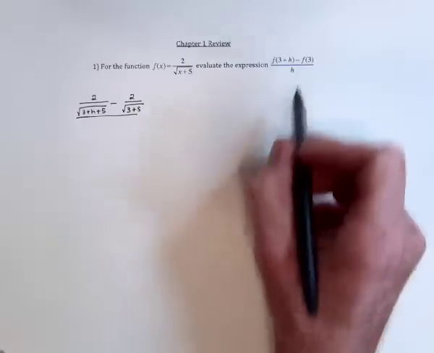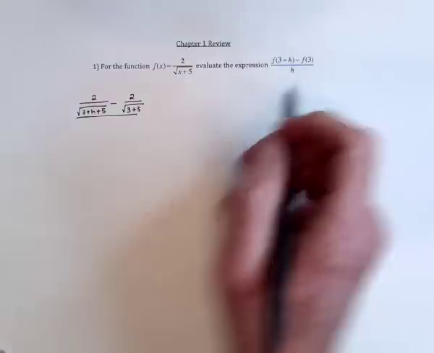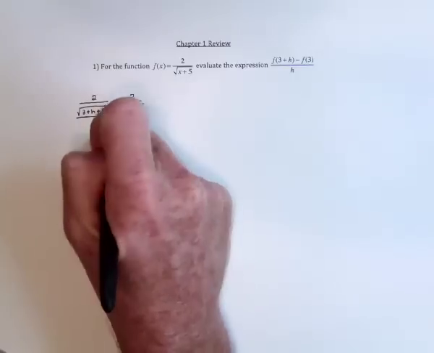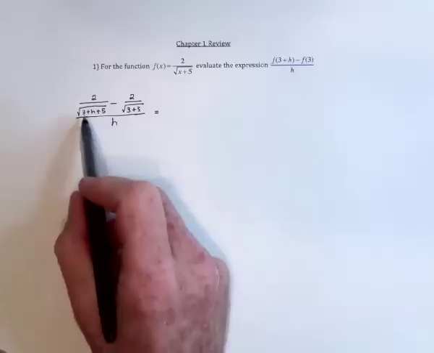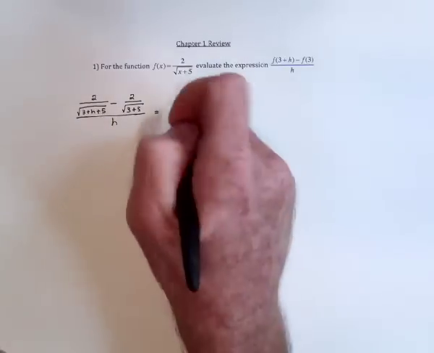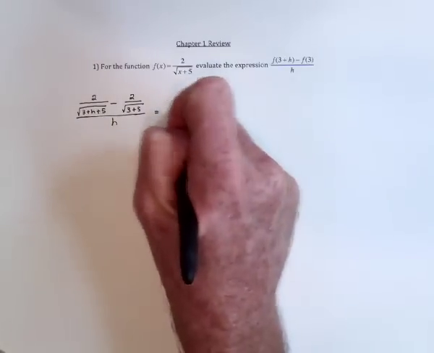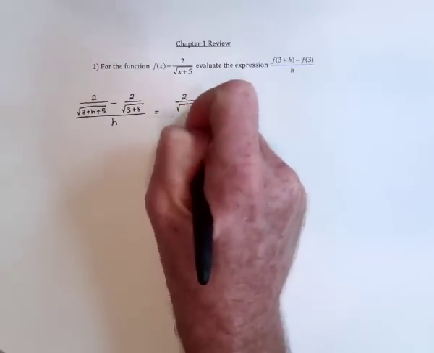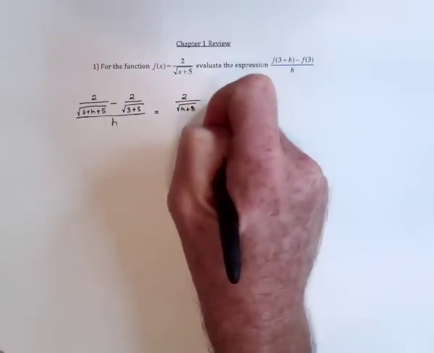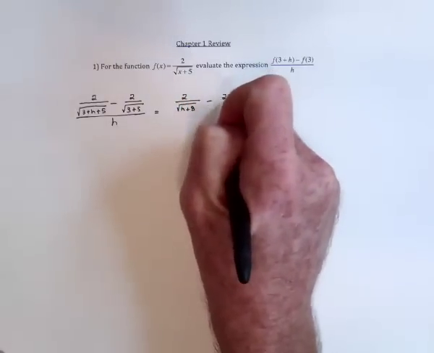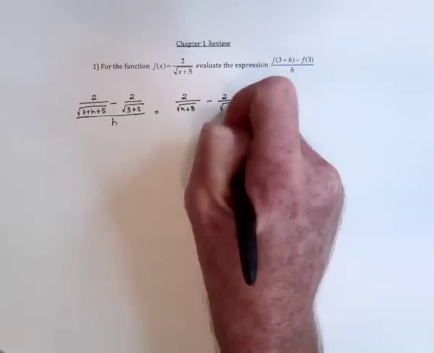And then the denominator for the whole thing is this h. So I can combine the 3 and the 5. So there's 2 over the square root of h plus 8 minus 2 over the square root of 8.